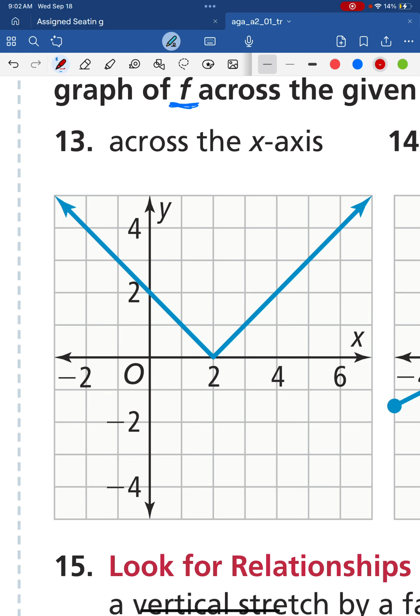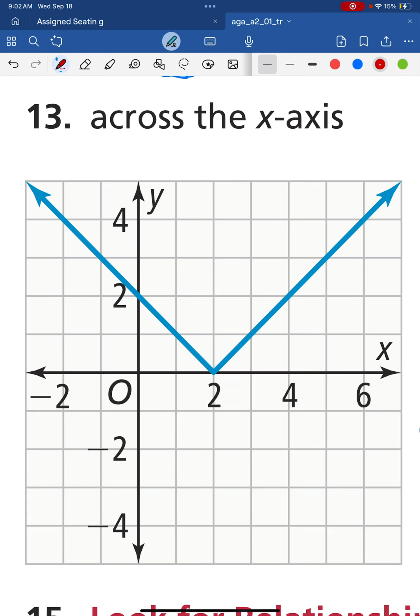So all that I need to do is make my y coordinates negative. So this one has a coordinate point of 3, 1.